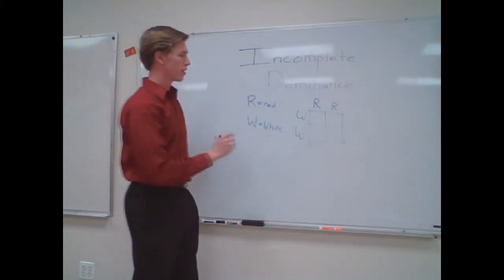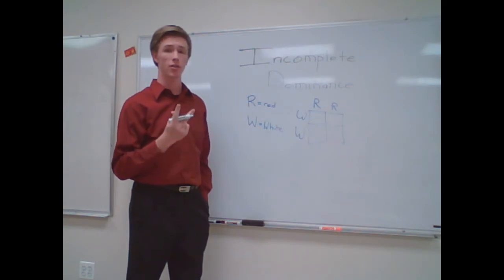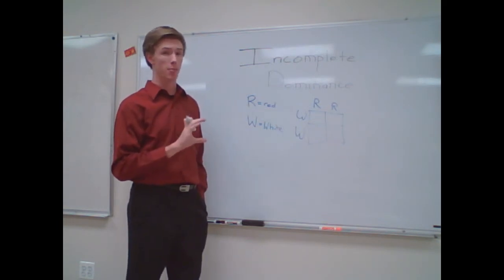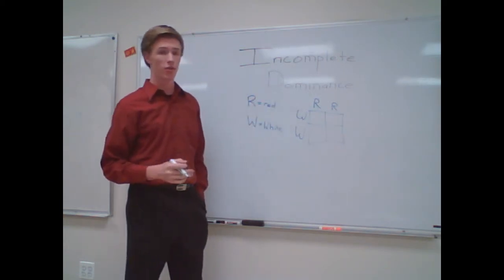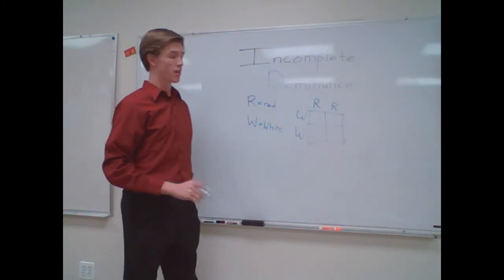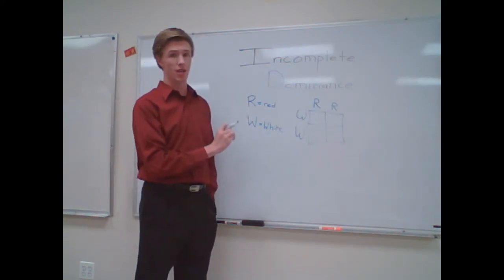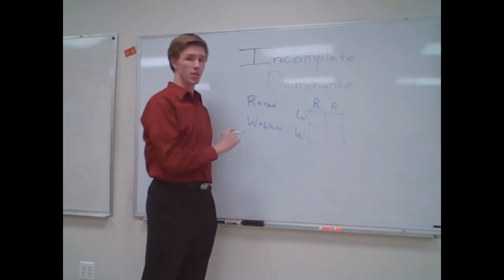when you have that heterozygous mixture of two different letters, instead of a capital letter and a small letter? For incomplete dominance, if you ever see us mixing two different letters, then you know, instead of having a dominant trait over a recessive trait, we have something called incomplete dominance.